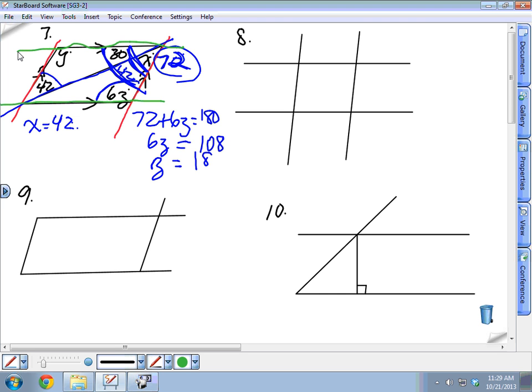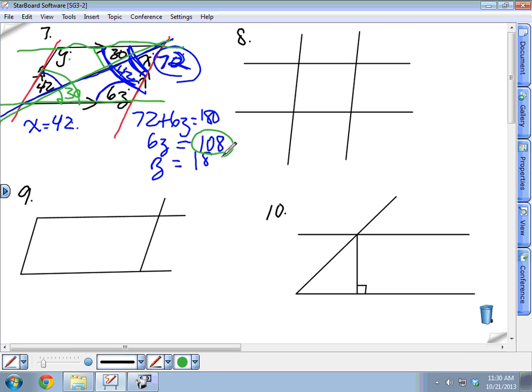We already have the 42, and we also know that 30 and this one are alternate interior angles with this line. So this is 30 also. That means this whole thing is 72. So y must be 108, where we figured out z is 108.